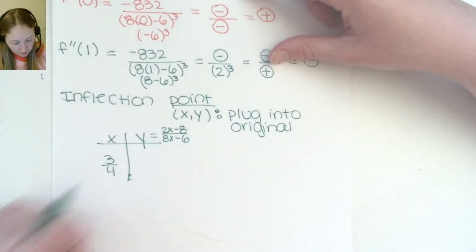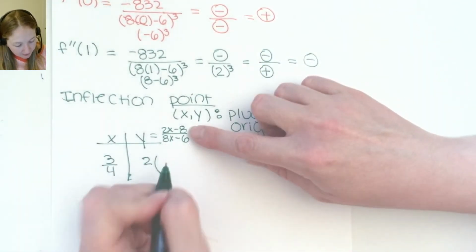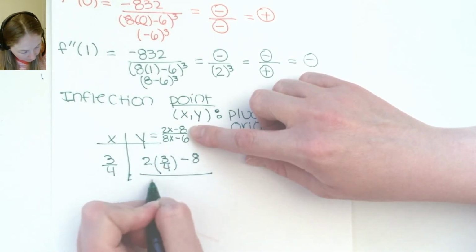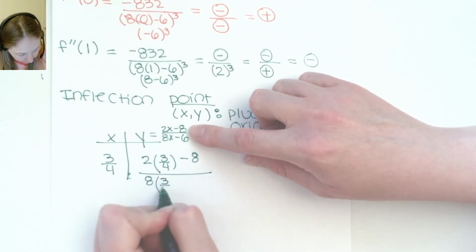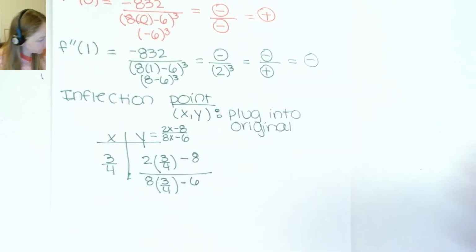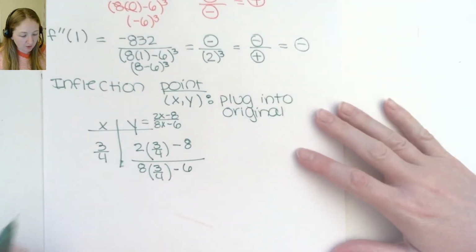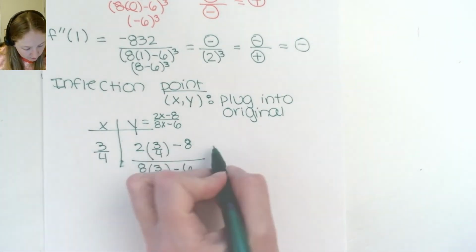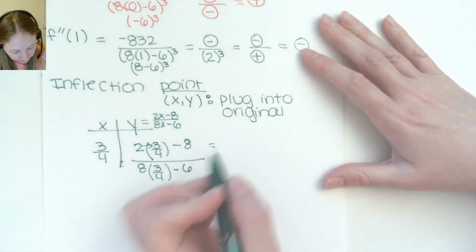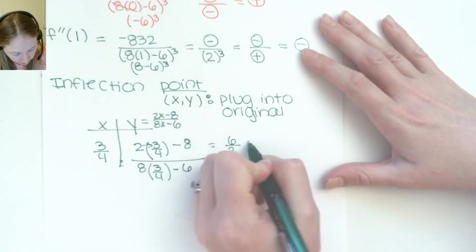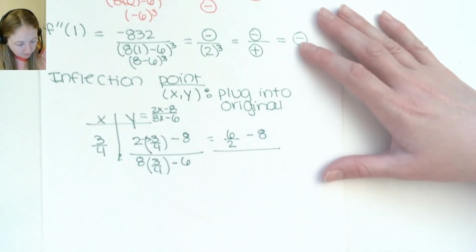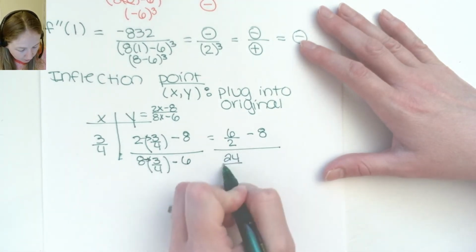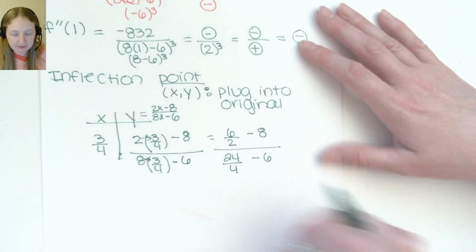So I have 3/4, and then I'm going to plug in the 3/4 here. So what that's going to give us is 6. So I'm going to multiply straight across here. So it's going to be 6 over 2 minus 8. And then in the denominator, multiplying straight across here, I have 24 over 4 minus 6.